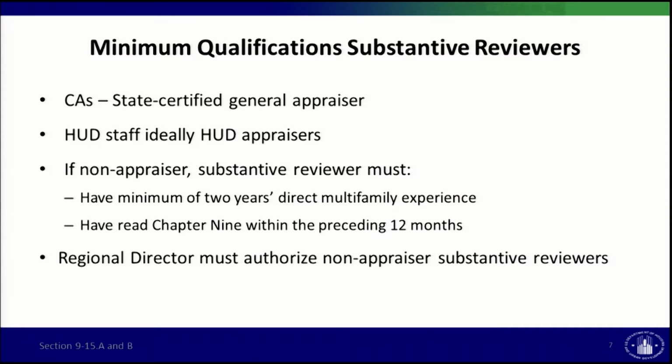However, the department does allow non-appraiser HUD staff to be the substantive reviewer if they have a minimum of 2 years direct multifamily experience and have read Chapter 9 within the preceding 12 months. Before they can undertake such a substantive review, the regional director must authorize that non-appraiser to do that type of review.